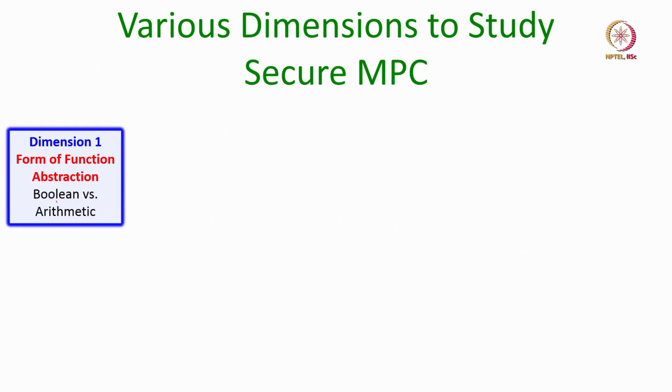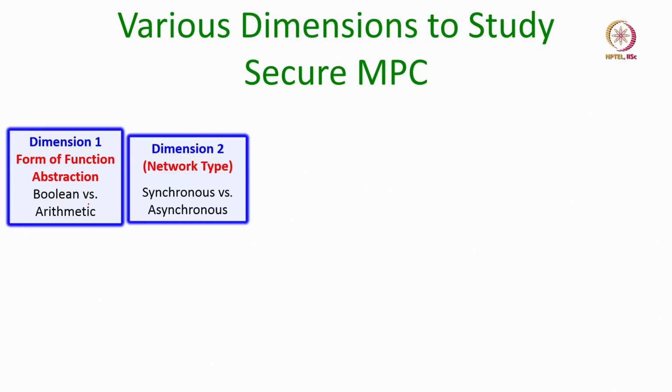Either we assume that the function is represented as a Boolean circuit consisting of logical gates, say the NAND gates, NOR gates and so on, or we assume that the function to be securely computed is represented by some arithmetic circuit over some appropriate algebraic structure. It could be a group, it could be a ring, it could be a field, and so on.